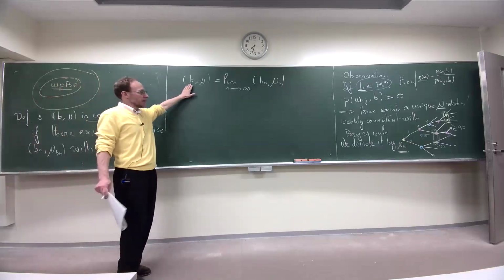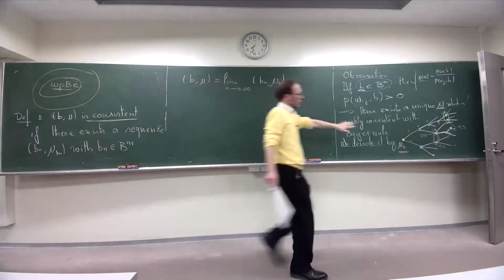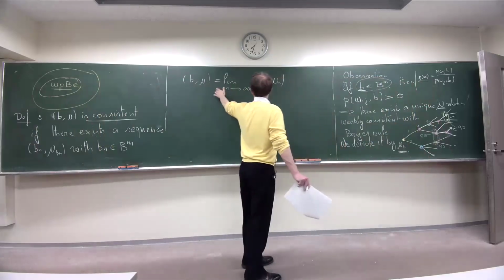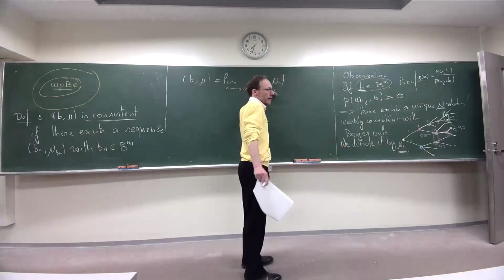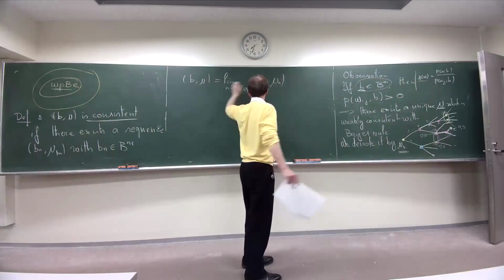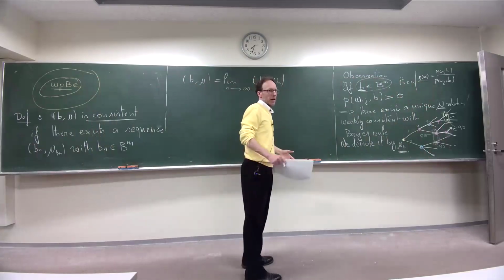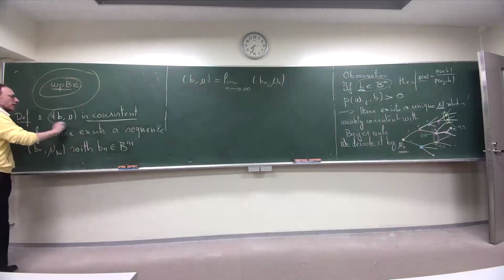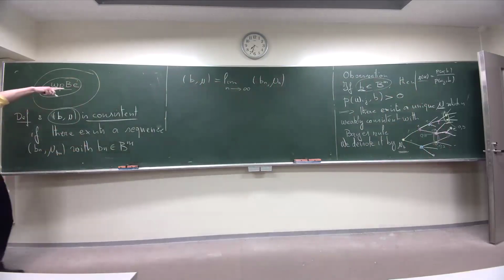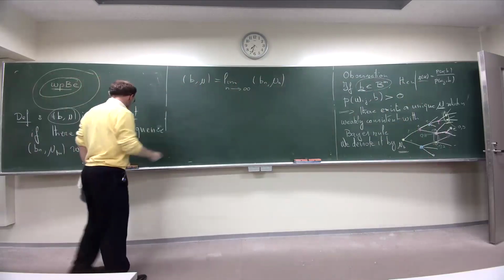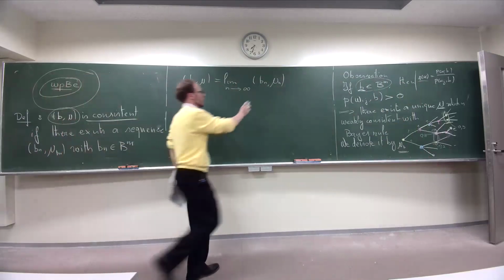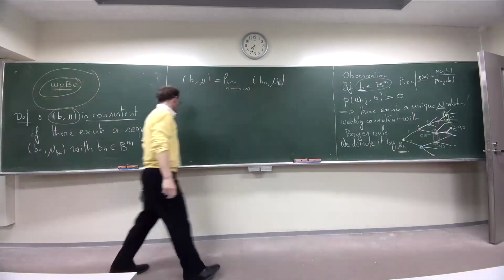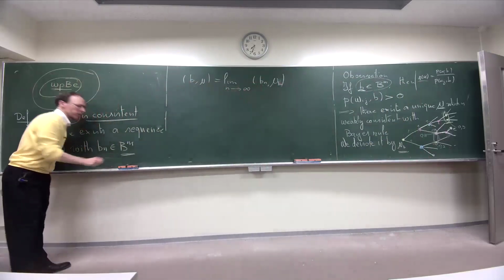So this B is just some numbers on edges. You can approximate them by a sequence of numbers converging to these numbers. So it's an approximation of this assessment with some assessments which are completely mixed.